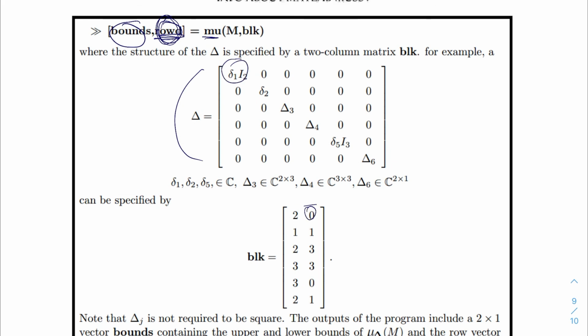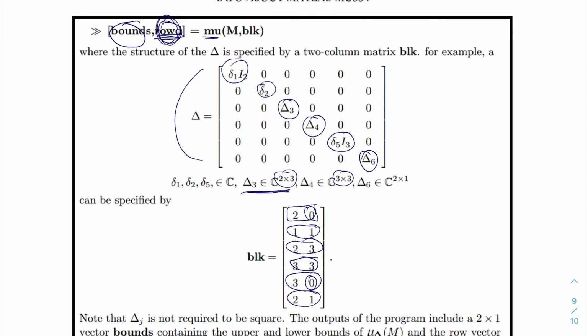So repeating diagonal, again the second term must be 0. 2 by 2, but the second term 0. And this is 1 by 1, because it's a 1 by 1 complex matrix. And here just write 2 by 3. This is 2 by 3 for the fourth term. Let's look at that. 3 by 3, and again repeating diagonal. You would usually write 3 by 3, but the second term is 0.